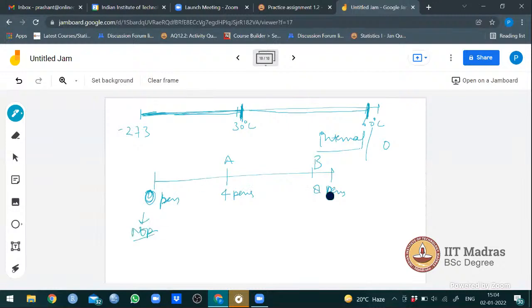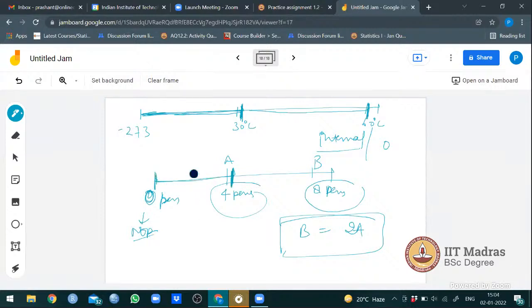Here I can clearly say that B has twice the number of pens as A. From this point to this point you have 4, and from this point to this point you have 4.